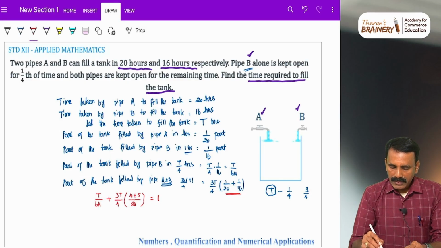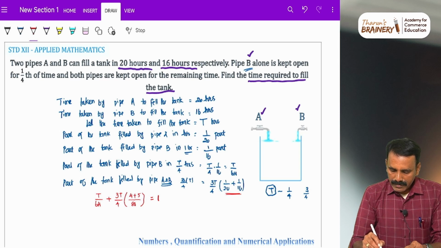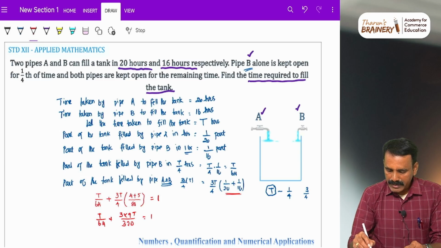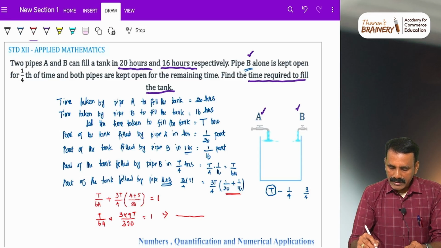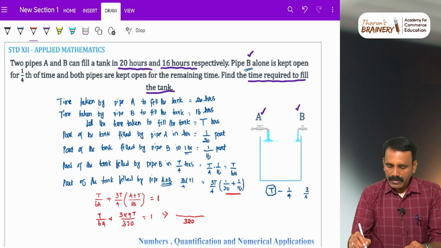Okay. So this is T by 64 plus 3 into 9 T divided by 320 is equal to 1, which implies we take LCM now for 64 and 320. When you take LCM for 64 and 320, it is going to be 320. 64 will go in 320 5 times, so we multiply by 5.